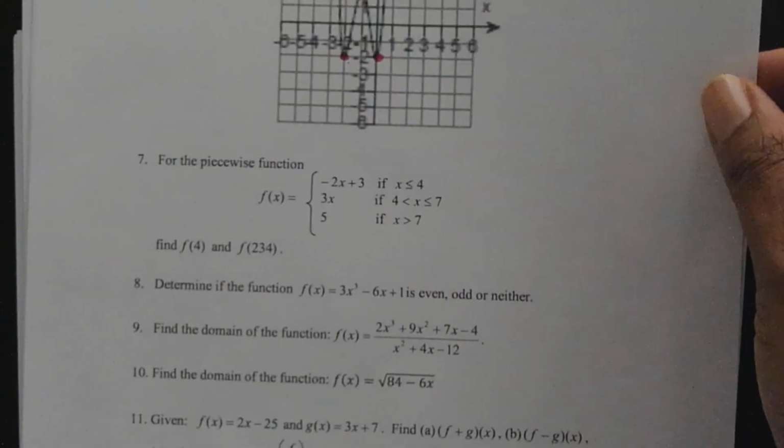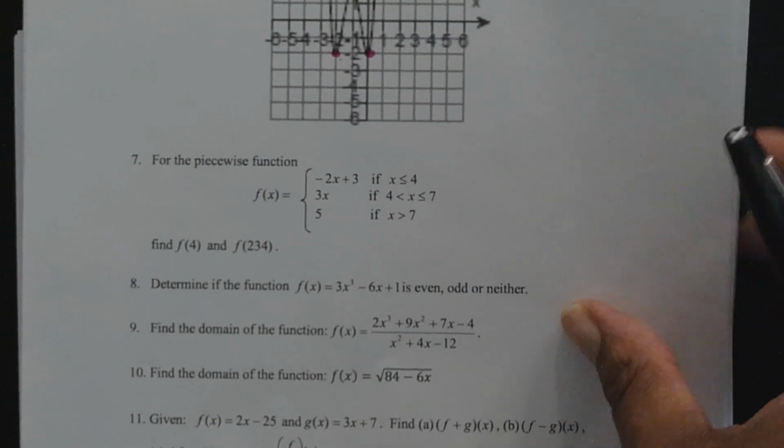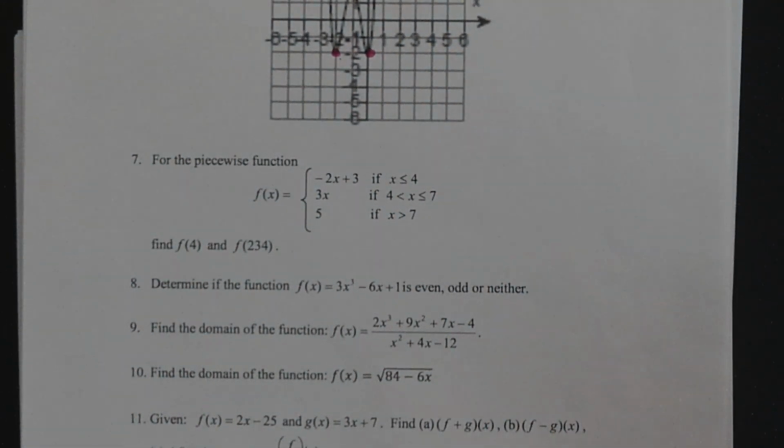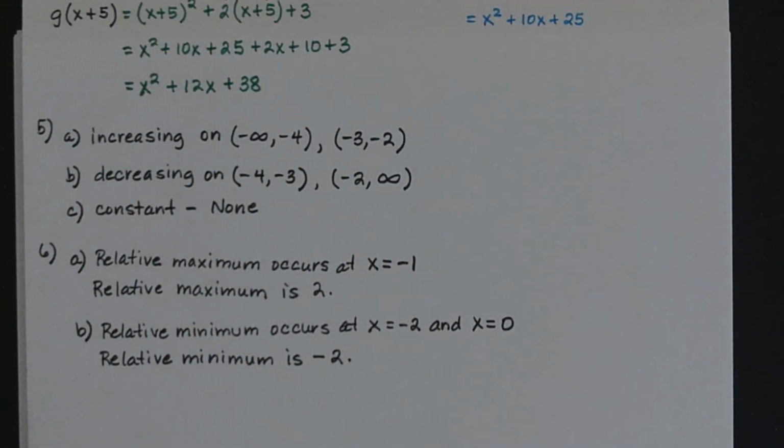Now, problem number 7 is a piecewise function. So here we're given this, f of x is equal to -2x plus 3 if your x value is less than or equal to 4. F of x equals 3x if your x value is greater than 4 and less than or equal to 7, and 5 if x is greater than 7. Okay, so I'll go ahead and write that.